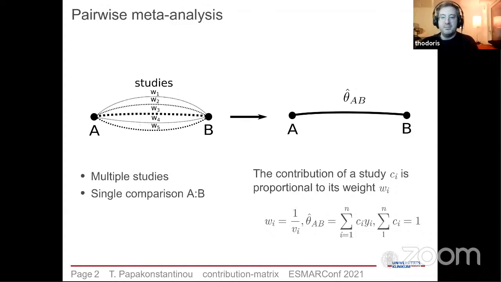Each study, represented here with dotted lines, is weighted by the inverse of its variance, and the summary effect is theta hat. So the contribution of each study is its weight normalized by the sum of the weights, and the weights sum up to 1.